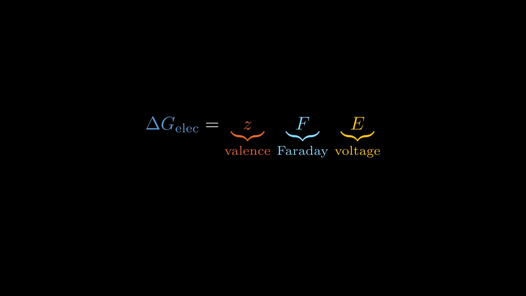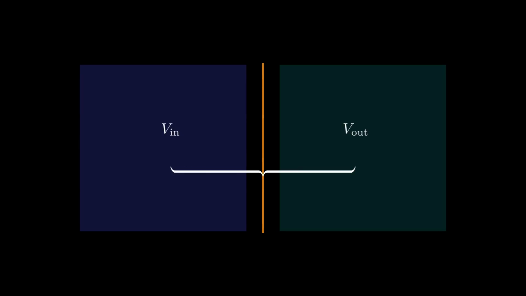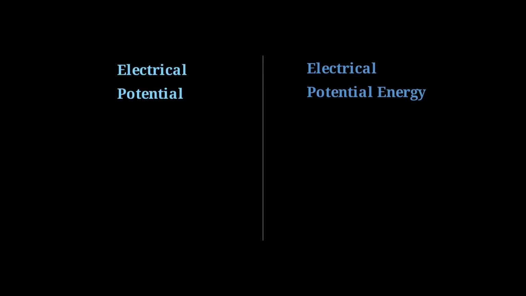Let's look at the electrical potential energy. This equation is for 1 mole of ions. Z is the valence, F is the Faraday's constant, and E is the voltage difference across the membrane. That last part is important, because E is not the voltage of either side, rather it is the difference in voltage between inside and outside. In other words, it's the membrane potential.